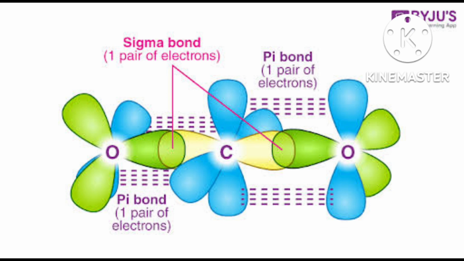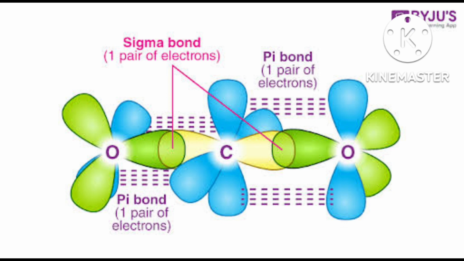Both will come in parallel, but automatically it will be perpendicular to the internuclear axis. This is also called sidewise overlapping.